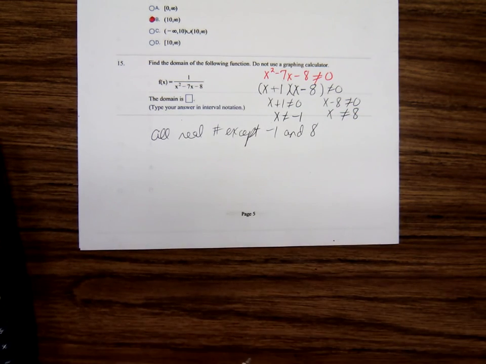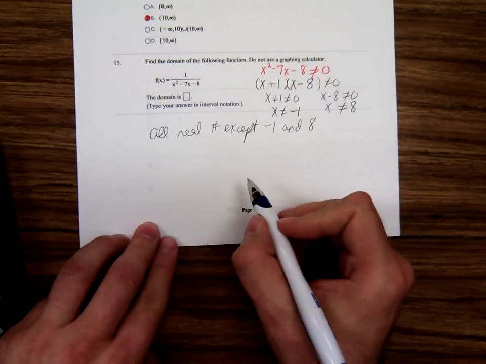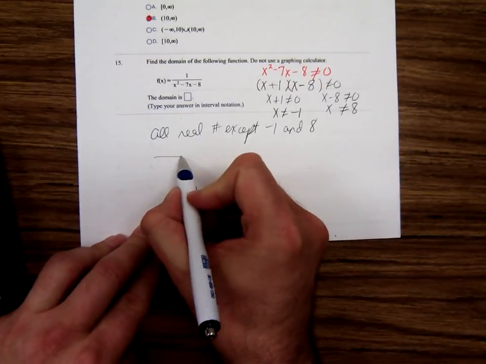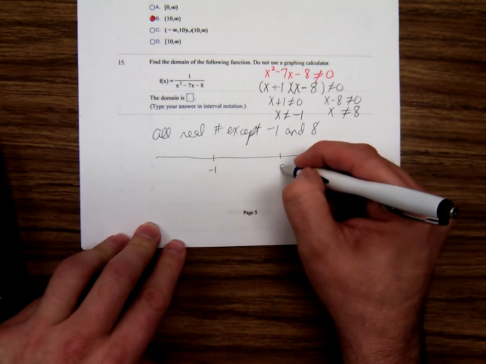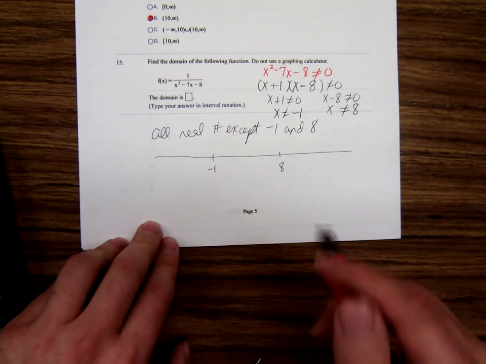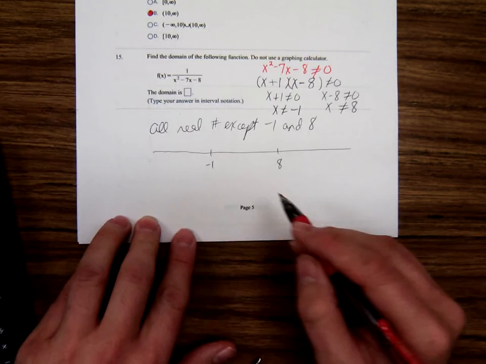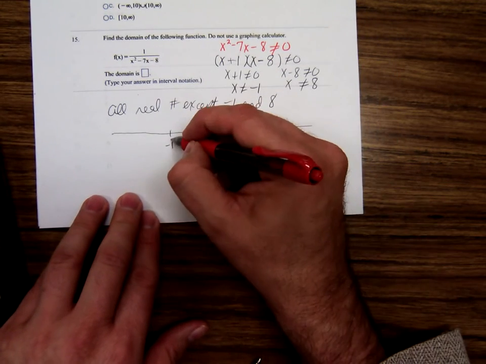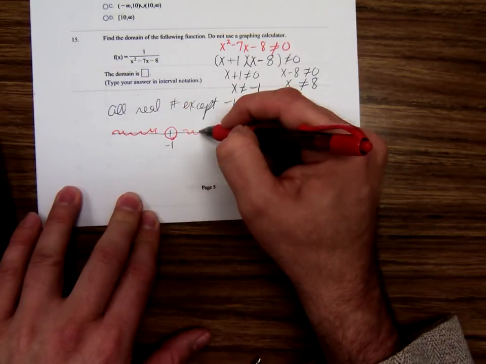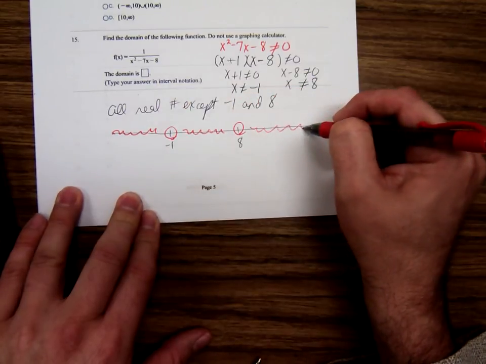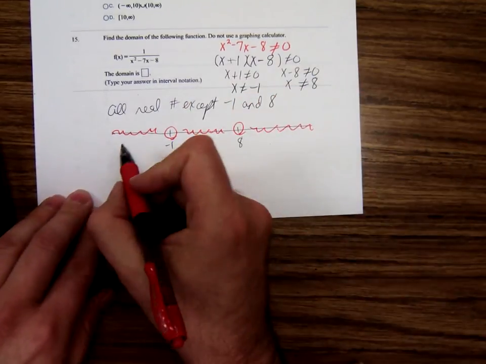They want you to write it in interval notation. So I'm going to draw the number line. Since we're not including the negative 1 and 8, what am I going to put there? Open or closed circles? Open. And we're talking about everything else. Ugh, that's going to take a lot of typing when you type it in, isn't it? It would look like this.